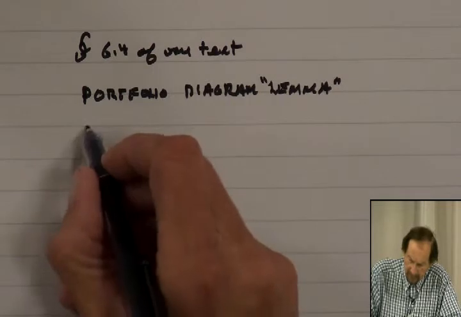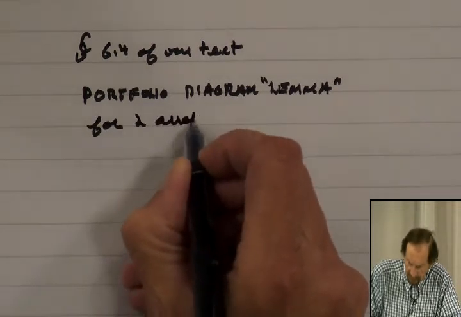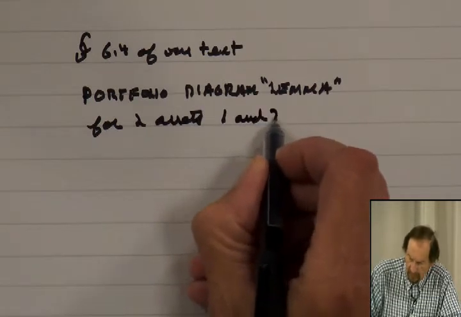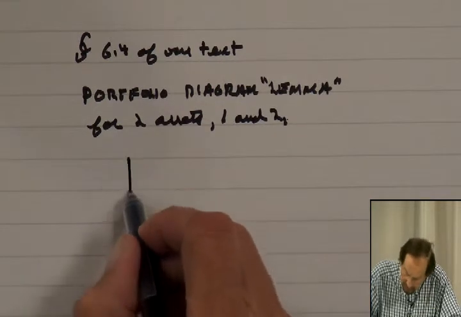And it's for two assets, 1 and 2. Okay, so those are our assets. And it looks like the following.